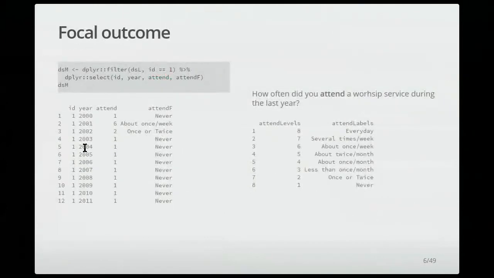So we've loaded that data set, and specifically we were looking at the outcome of religious attendance, right? The respondents were asked, how often did you attend a worship service during the last year? And this is the possible category of responses that they could give. We treated them as continuous variables, and thus we're fitting continuous models to them, but they can also be treated as categorical.